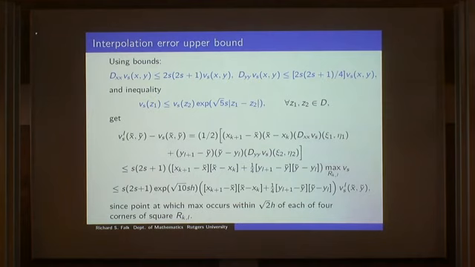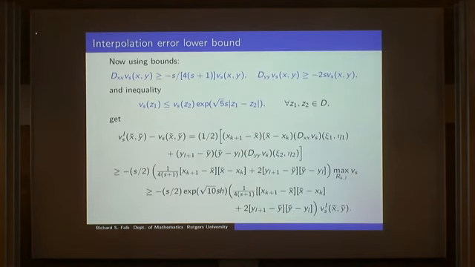And again, I've used the fact that on a square, how far could any point in the square be from any of its vertices? So square root of 2 h. Okay, so I use all these bounds, and I can bound the error, again, in terms of just the interpolant itself.